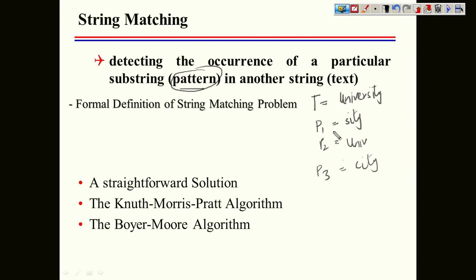Now if I want to find this particular substring in the given text, you will find it because it exists here. Similarly, if I want to find this pattern in this given string, it also exists here, and we can find it. But when you talk about city, then when you search in this given text, it will not be found. So our interest is to find any given substring or pattern in the given text.